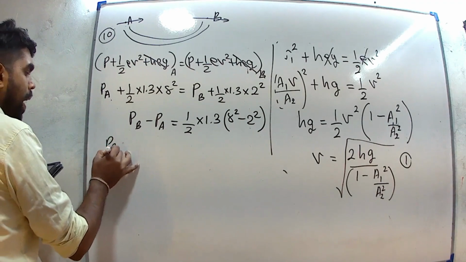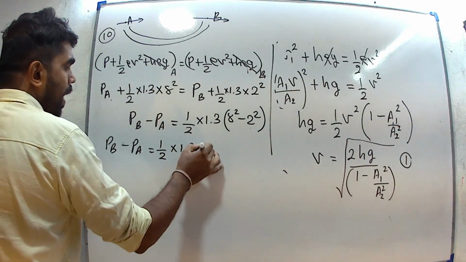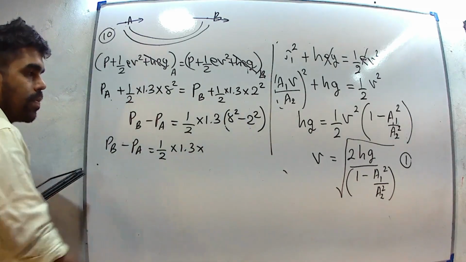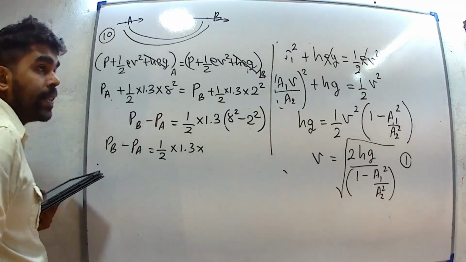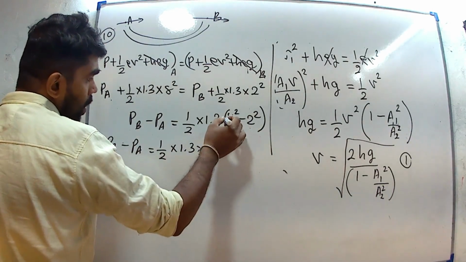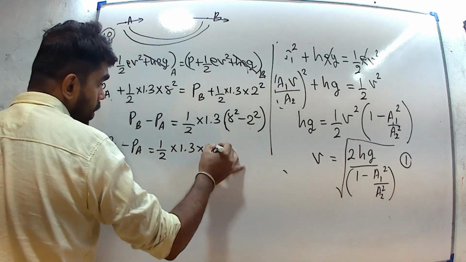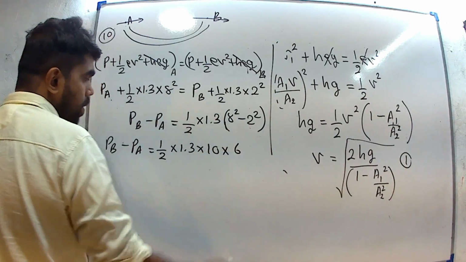PB minus PA equals half times 1.3. We can write this term using brackets by using factors. There is a difference between two square terms. Then we get 8 plus 2, 10, and 8 minus 2, 6.